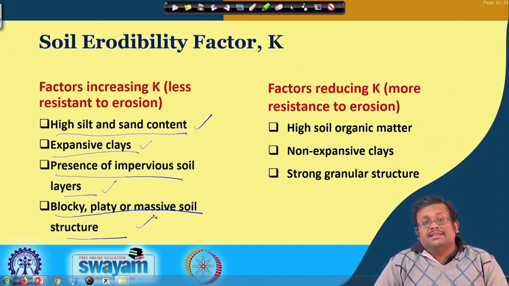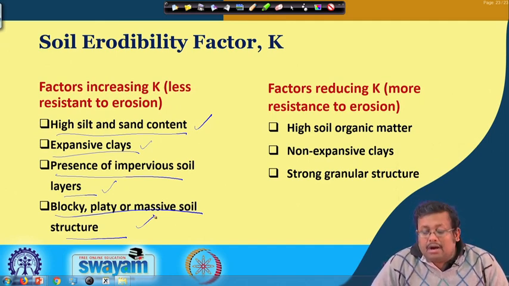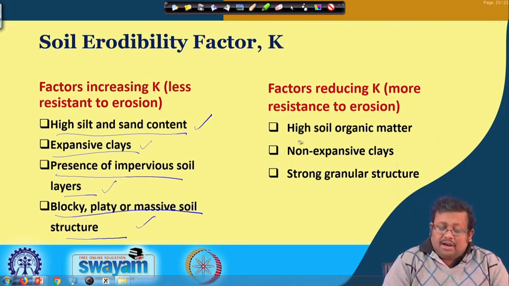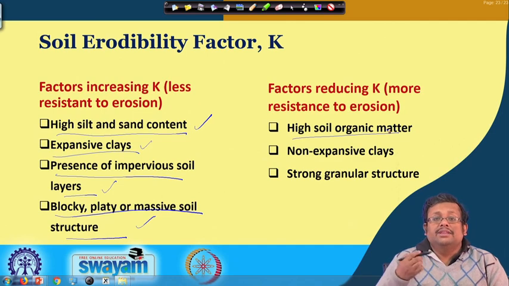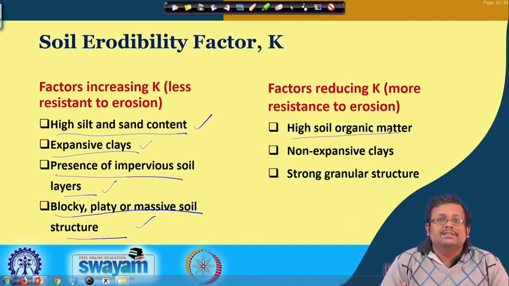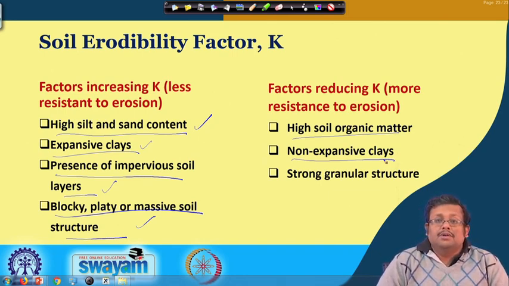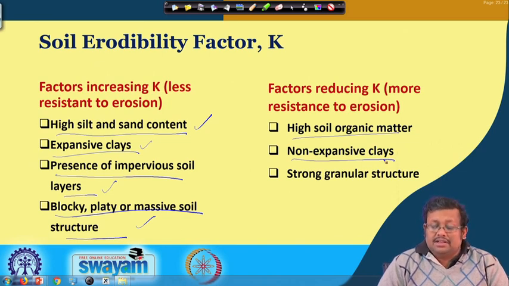And there are several factors which reduce K and ultimately increase resistance to erosion. The first is high organic matter. When there is high organic matter, it increases the infiltration of water into the soil, and as a result there will be less runoff. Then there are non-expansive clays, like kaolinite, which help in reducing the soil erodibility.